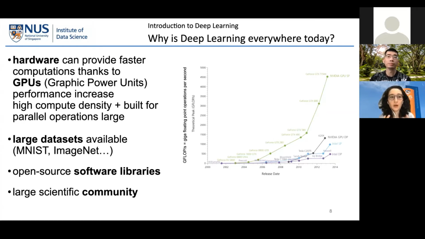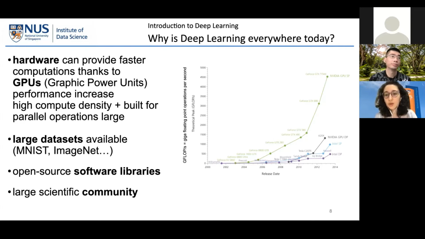So now hardware can provide faster computations thanks to GPUs, graphic processing units. And as you can see on this chart, this timeline, you have some GPU models from NVIDIA and Intel, which are the bigger competitors in terms of GPUs.